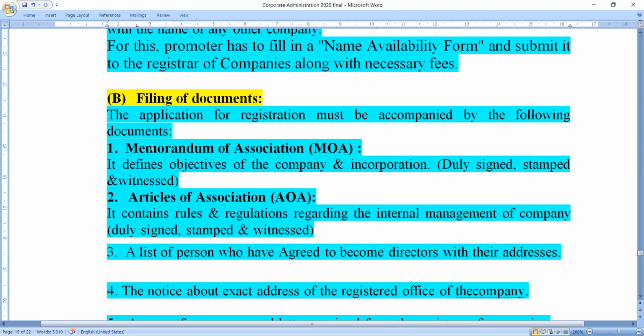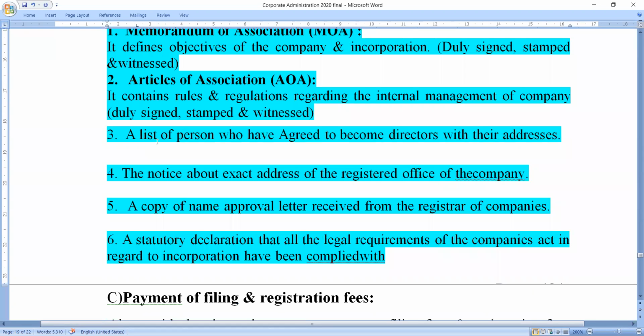After that, the third one here, a list of persons who have agreed to become the directors. We should know, either in a public company or in a private company, how many directors there are. They are very, very essential. Directors are the ones who give the direction and guidelines regarding the activities of the company. So, how many directors are there in your organization, and whether they satisfy the minimum qualification.